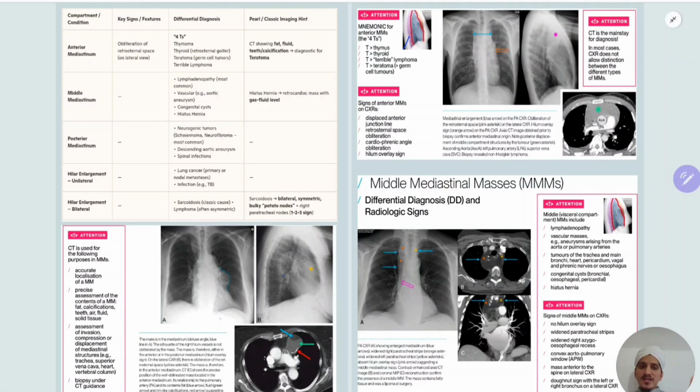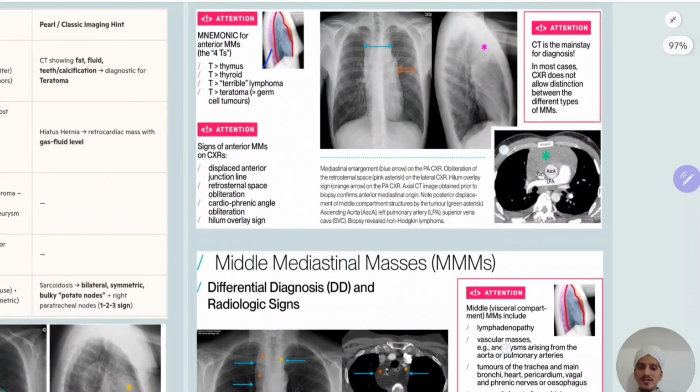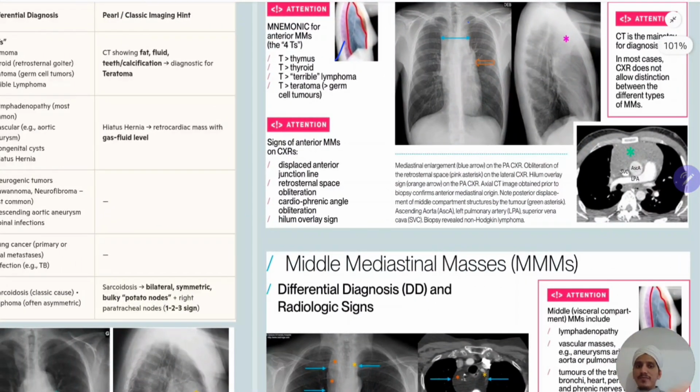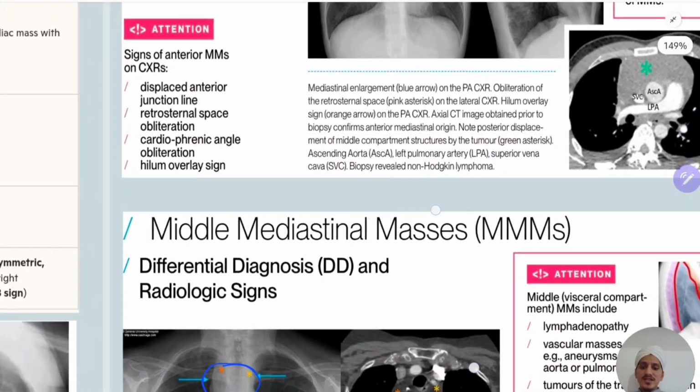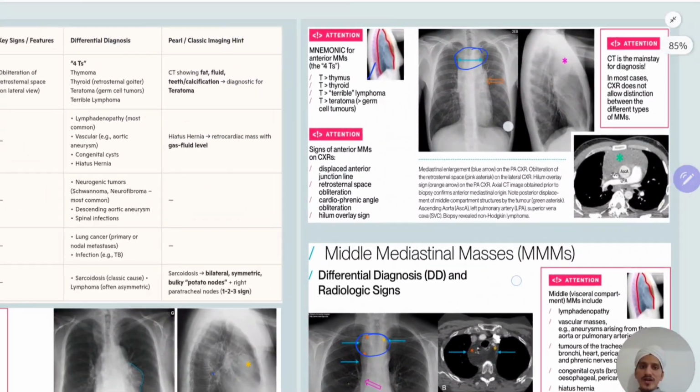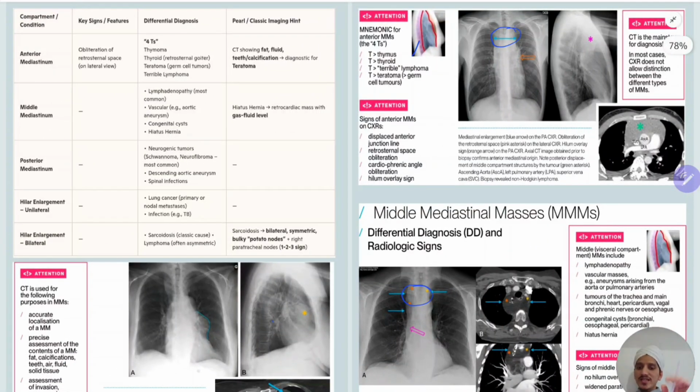Widening of the mediastinum is very important to suggest that there is something in the mediastinum. You should catch the widening of the mediastinum. That is also an important thing to suggest that there is a mass.